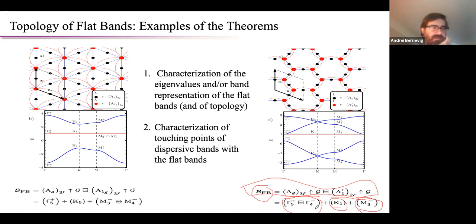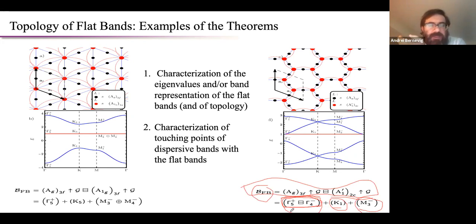These are two different representations of the symmetry of the local point group at momentum at the gamma point, which is the point group of the lattice also. Okay, so these are two different representations, and I find out that if I take this minus, I obtain this. Okay, gamma 5 plus minus gamma 4 minus. But there's no meaning in a minus in terms of representations.